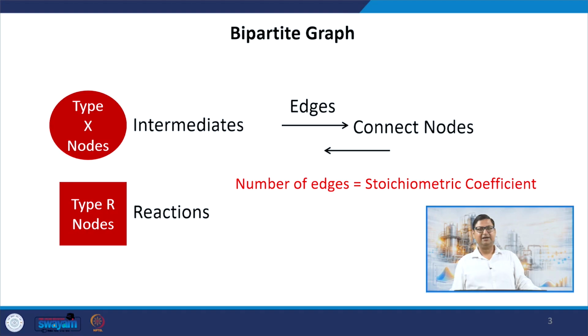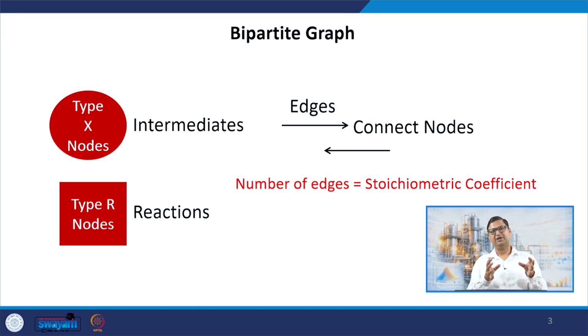So what exactly is a bipartite graph? In a bipartite graph, we have two types of nodes. In the previous lecture, we discussed that the nodes were intermediates and the edges represented the chemical reactions going from one intermediate to the other. But in this case, the chemical reaction is also represented as a node, and that therefore becomes two kinds of node.